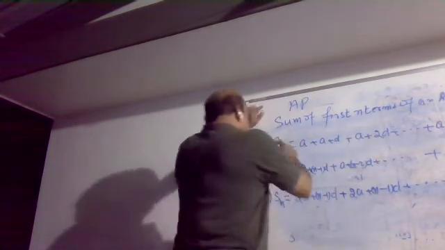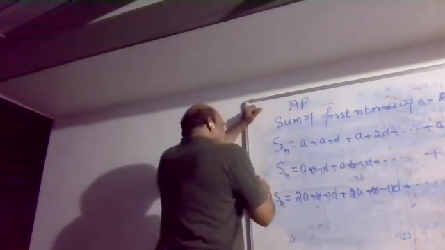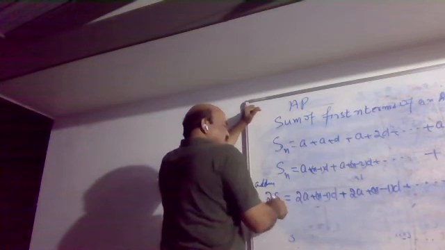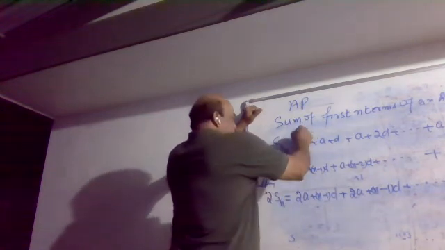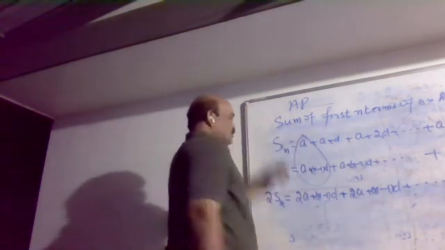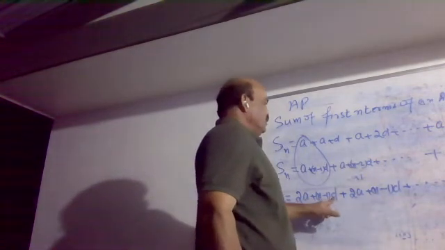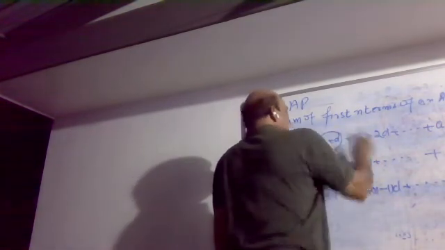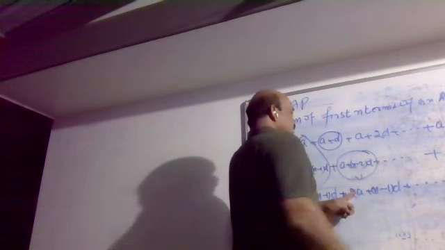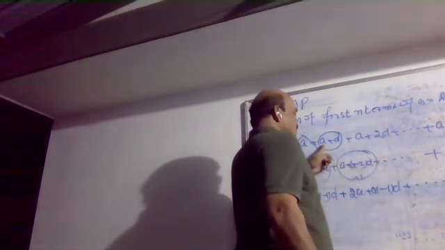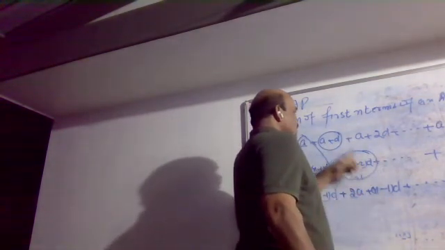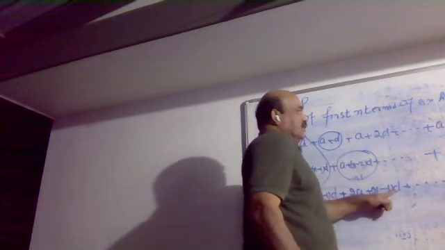Adding together Sn plus Sn, what do you get? 2Sn is equal to a plus a plus n minus 1 d, which is 2a plus n minus 1 d. Then a plus d plus a plus n minus 2 d is again 2a plus n minus 1 d. Last one, a plus a, 2a plus n minus 1 into d.